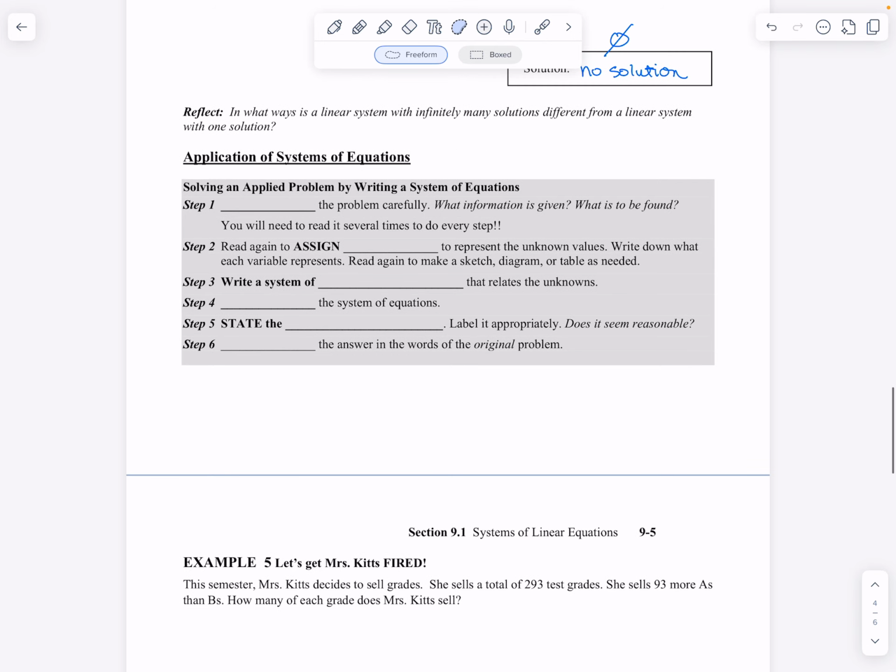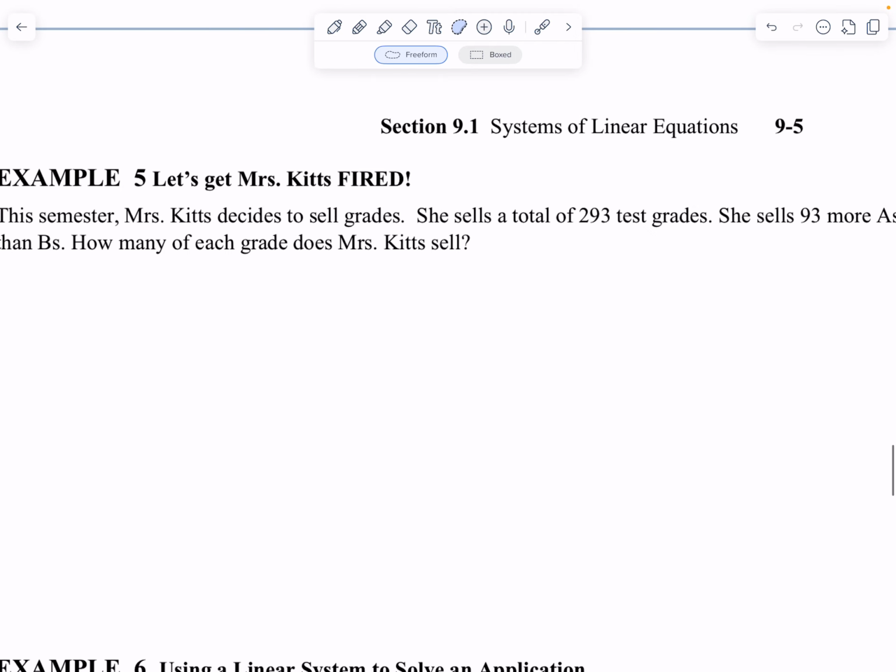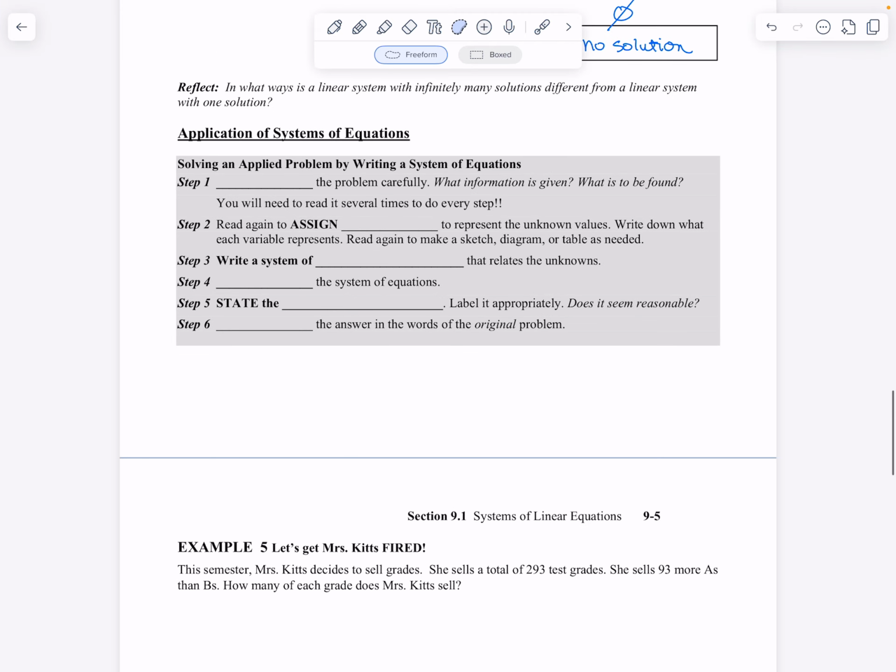All right. So this is just a reminder of what to do when I give you an application problem. In other words, if you notice, there's a lot of words. So first thing we've got to do is read the problem very carefully. Try and figure out what kind of information is given. What do you need?